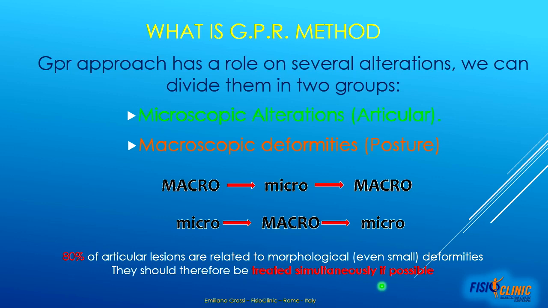Or even better, can we treat them simultaneously together to solve the cause and the consequences of an alteration at the same time? So to do that, we need a specific assessment and a way we can identify the structures that are involved in developing this kind of coordinated alterations.